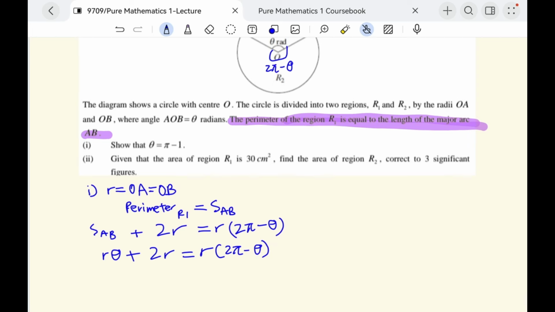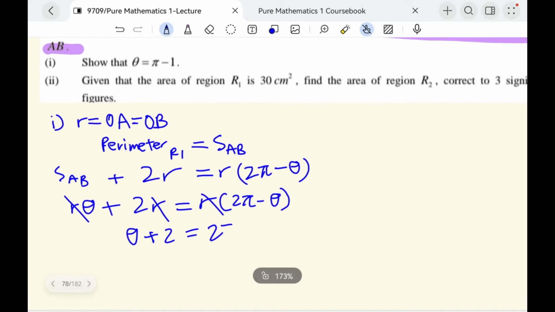For both sides of this equation, you have R as a common factor, just cancel out. So now you are left with theta plus 2 equals 2 pi minus theta. Move your 2 to the right hand side and this theta to the left hand side. So you have 2 theta equals 2 pi minus 2.